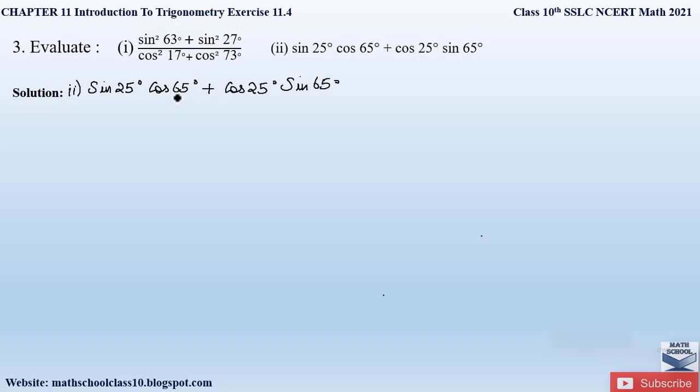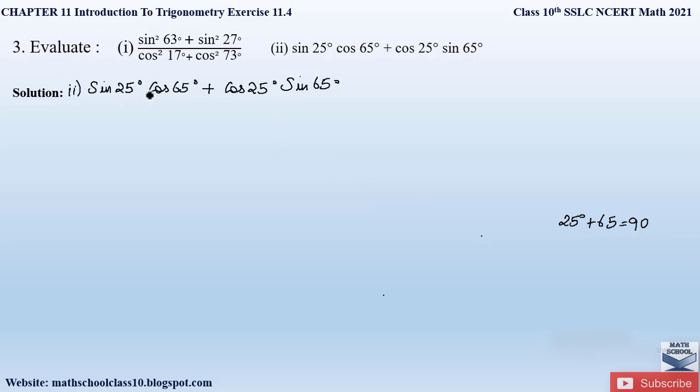So here we will change either the value of sine or cos. Similarly here as well we will change the cos 25 degree angle or sine 65 degree angle. So here again if you observe, 25 degree plus 65 degree will give you a 90 degree angle. Similarly again here 25 plus 65 will give you a 90 degree angle, which forms a complementary angle.